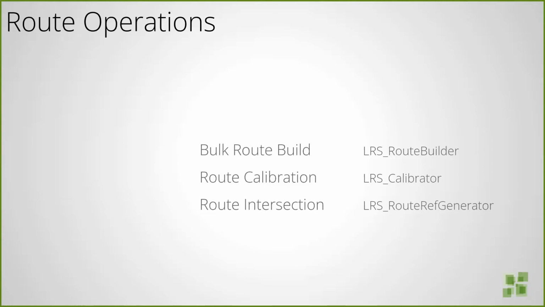Then we have the route calibrator, and also this is one of my favorites, route intersection. Essentially building the intersection-to-intersection relationship in a table.